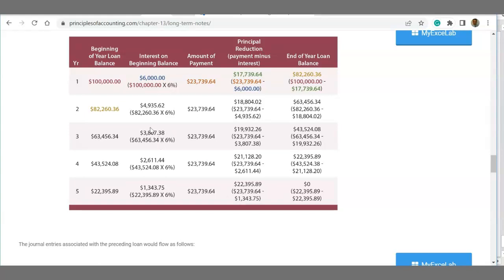It will be interest expense of 3,800, but you're going to pay still $23,000 no matter what. So 23,000 minus $3,800 gives you 19,900 reduction in principal, and the principal balance at the end of year 3 will be 43,000. And you do the same thing for year 4, year 5, and then your principal ends up to be 0.